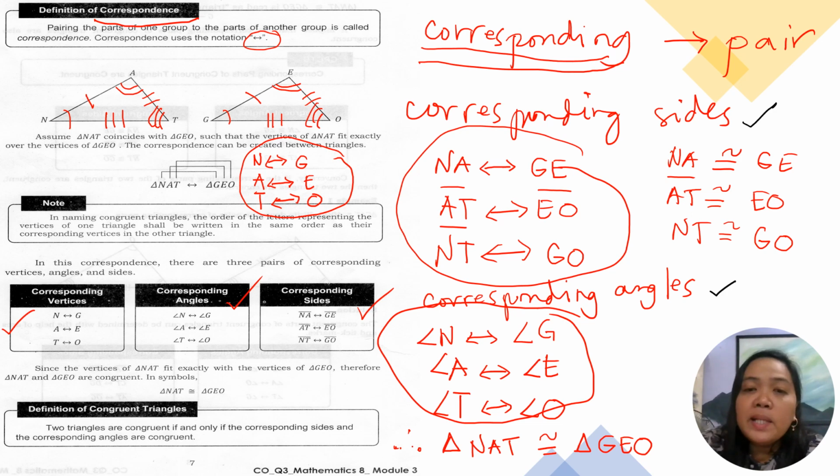Likewise, the corresponding angles, since they are corresponding parts of our two triangles, coincide. They fit together. Therefore, we can also say angle N is congruent to angle G, angle A is congruent to angle E, and angle T is congruent to angle O.